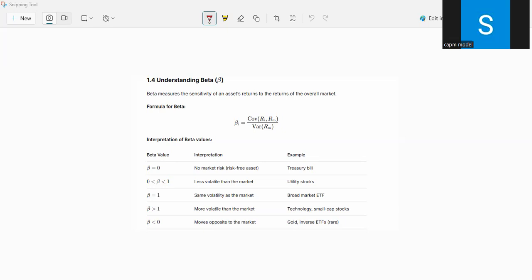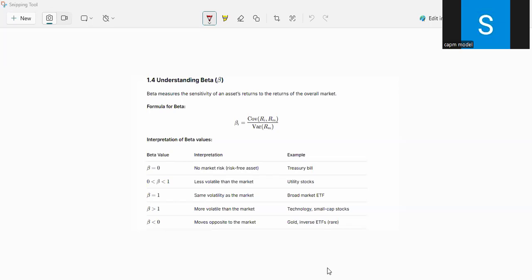For instance, gold, right? So that is the implication. So that is what is meant by the explanations of beta.